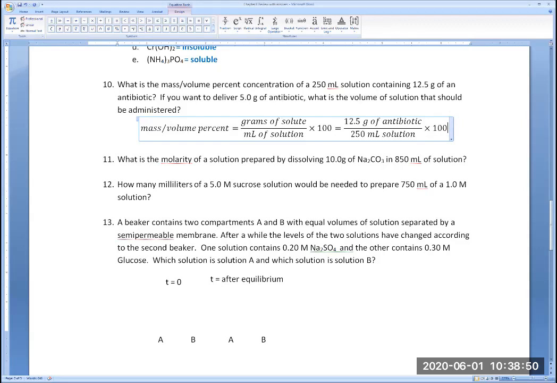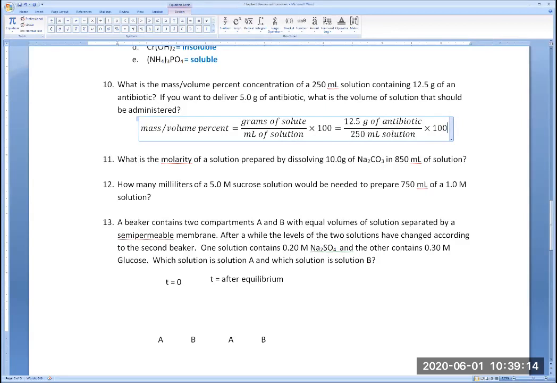You have to be careful when you read the text. Sometimes it will give you dissolved in 250 milliliters of water, for example. If it's that, it tells you about the solvent. It doesn't tell you about the solution. So be very careful. Sometimes it will tell you the amount of solvent that you're adding your solute to.